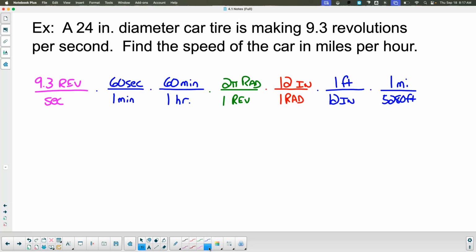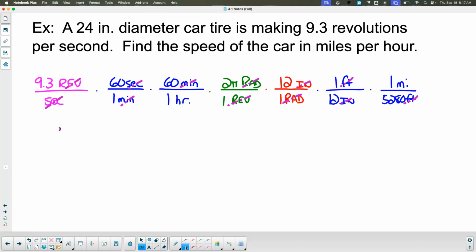Quick check here. Seconds, seconds, revolutions, revolutions, minutes, minutes, radians, radians, inches, inches, feet, feet. All I got left on top is miles. All I got left on the bottom is hours.